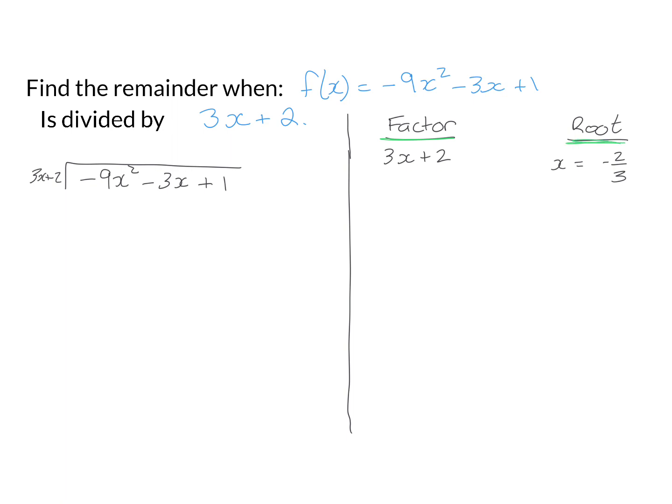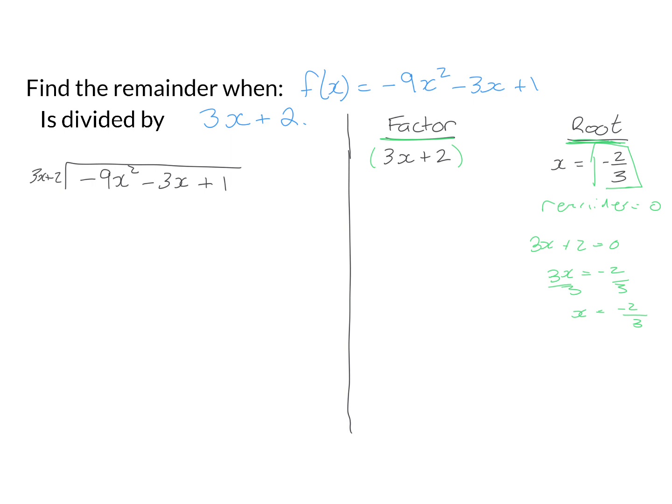The factor is basically what I'm multiplying or dividing out, and the root is when I substitute the value of x and it gives me a remainder of 0. How did I get this? Well, I said 3x plus 2 is equal to 0. I had 3x equal to negative 2. Divide both sides by 3, and there is now my root.